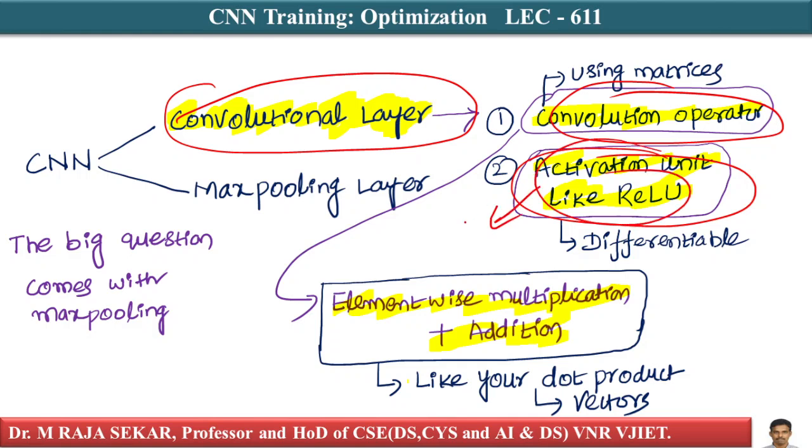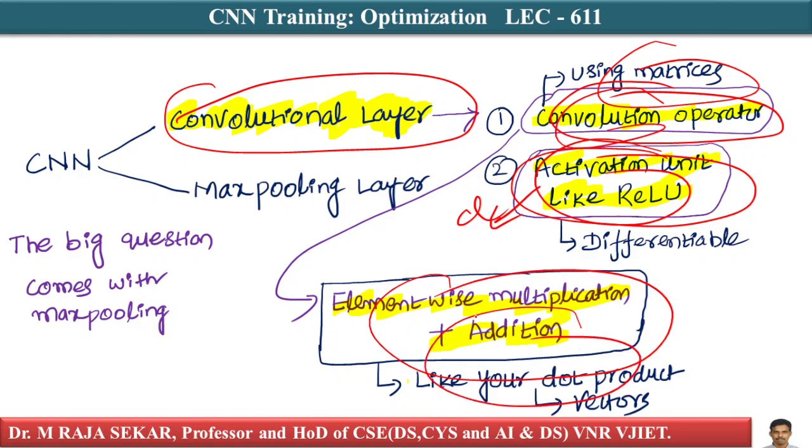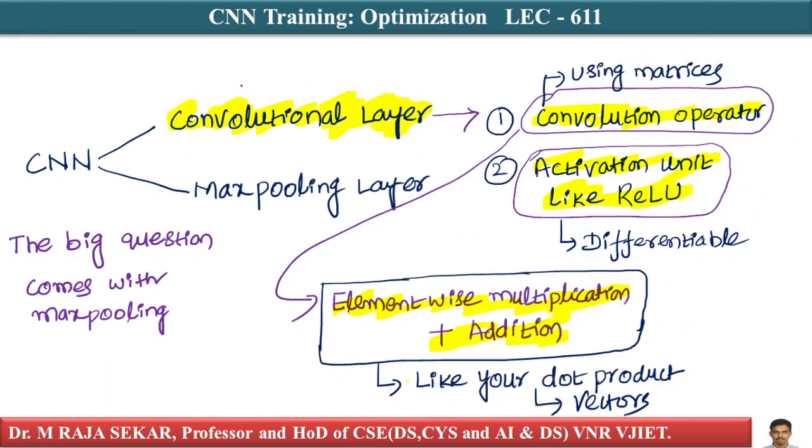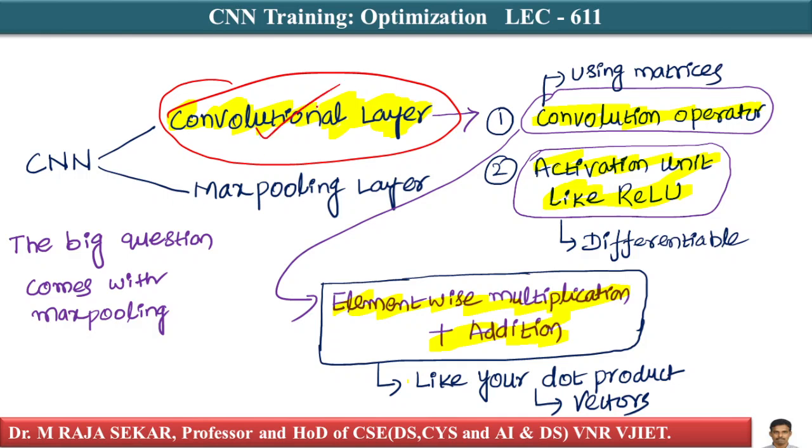Anyway, ReLU is differentiable. This convolution operator, which is element-wise multiplication and addition, is just like the dot product in your multi-layer perceptron. That's what we were saying: Z equal to W transpose X, differentiation of Z, all these things. This is also differentiable. This one is differentiable. Now this one is completed. This convolutional layer, we don't have any issue with respect to differentiation.